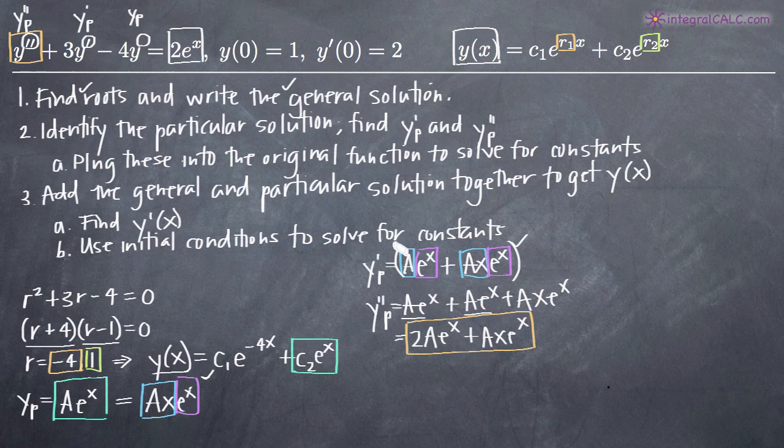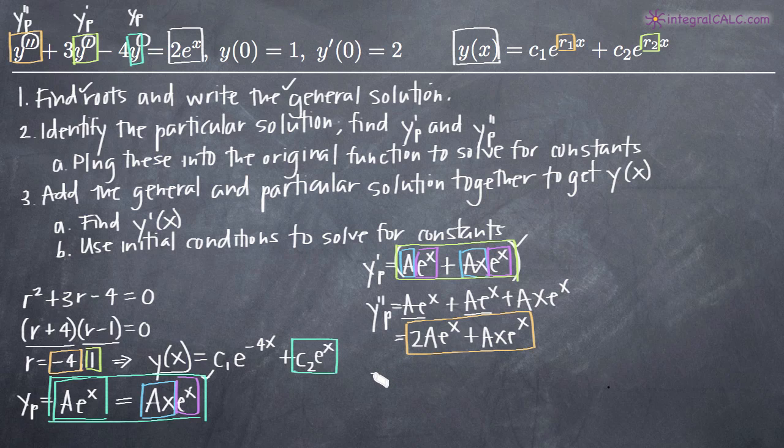We'll plug this function, a e to the x plus ax e to the x, the first derivative, in for the first derivative. And then we'll plug the original function, y sub p, in for the original function y. So those are the three substitutions we're going to make.